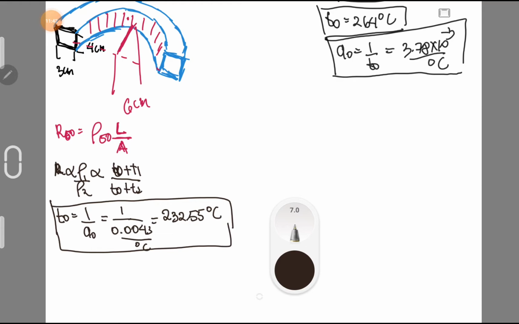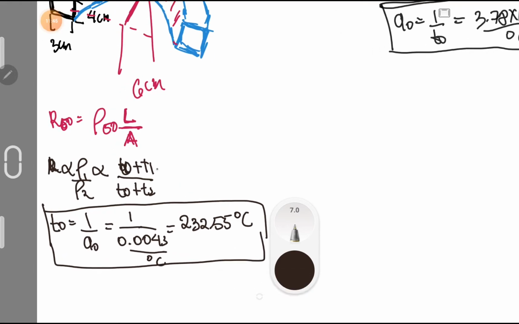So from this, since alam natin na may formulang ganito, pwede ko lang pang sabihin na since I have my rho 20 all over my rho 50. Okay, so baliktad ko lang, no? So rho 50 over my rho 20 can be written into our T0, which is equal to 232.55 plus 50 divided by 232.55 plus 20.